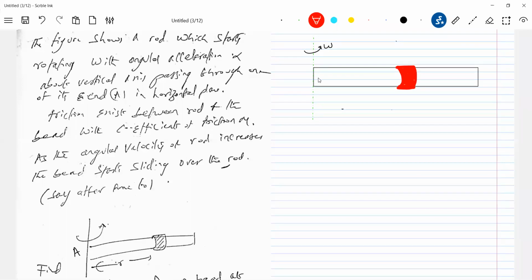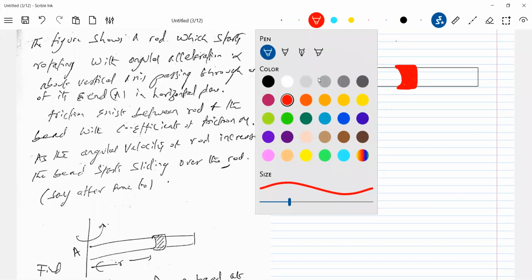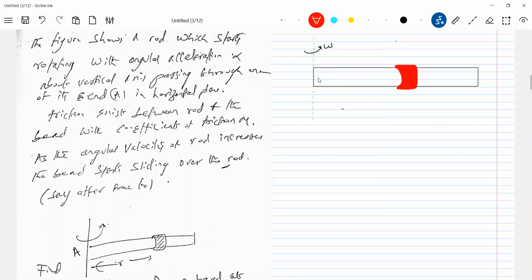Okay, now you see that it is a bead or a ring, having a mass M. Look at this, it is at a distance R. Come to this. The blue colored one is the rod.